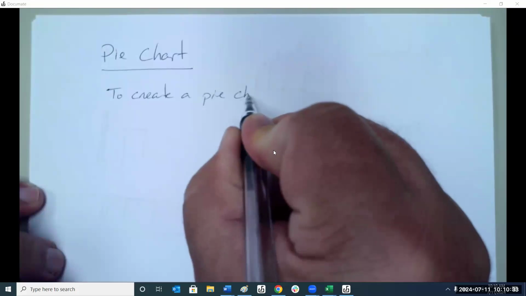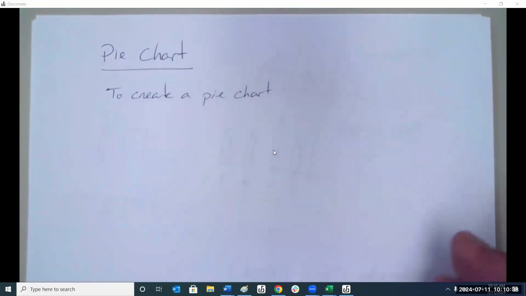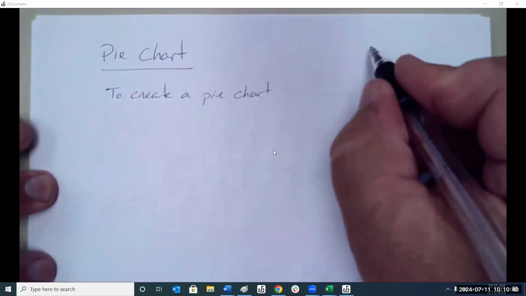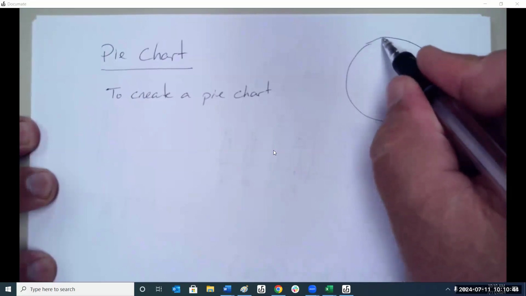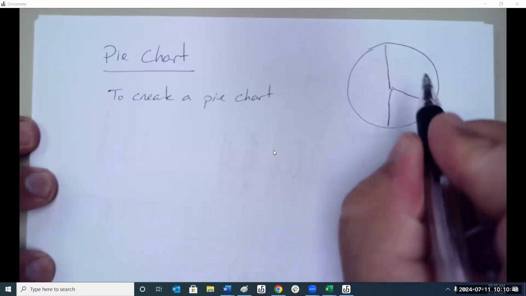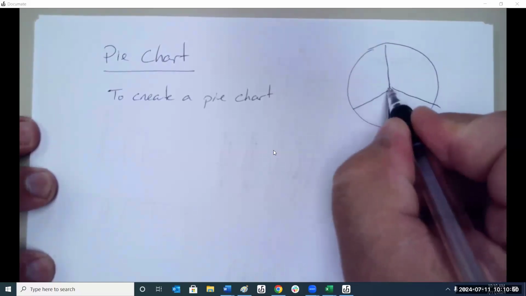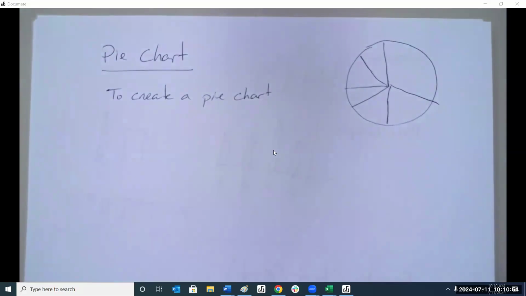To create a pie chart. Well, first off, what does a pie chart look like? Yeah, like a pie. It's round. And then each of those items are made up by different size slices.